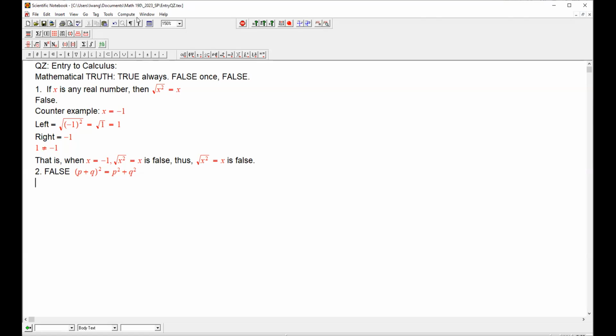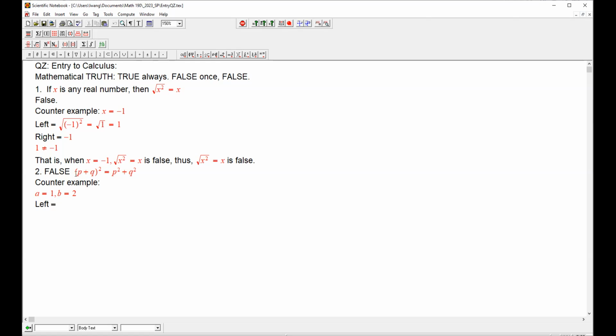There are many examples, such as 1 and 2, or A equals 3 and B equals 4. It all works. We just have to have one case of falsehood.